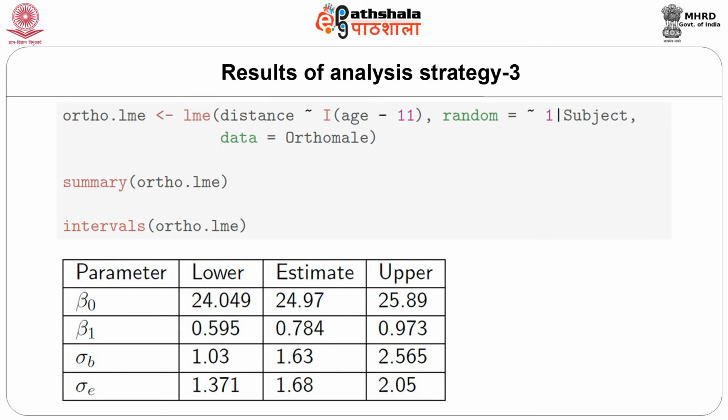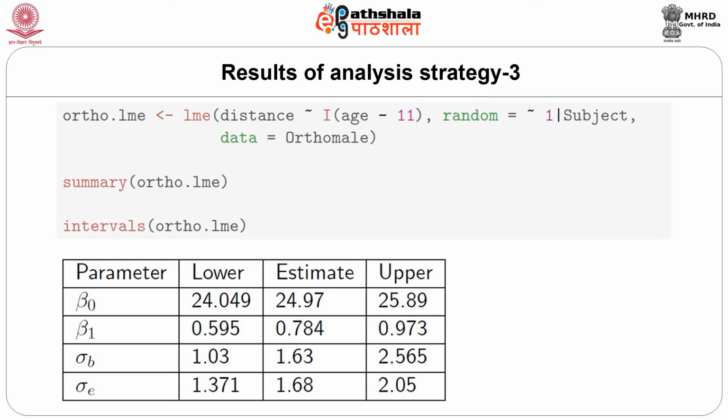So, how do we fit the model? Now we come to the function called lme, and the lme function is in the nlme package. Since I have already called the nlme package, I am not including it. So, lme of distance explained by age minus 11, random equal to 1 given subject, data is equal to Orthodont male.